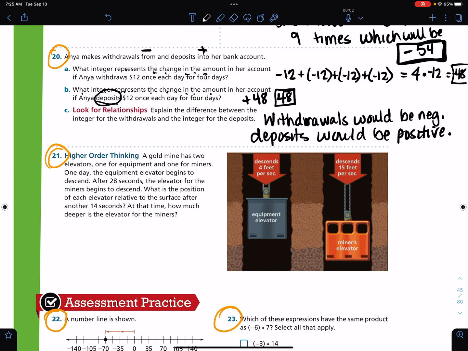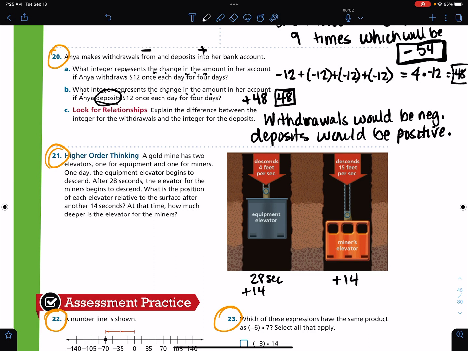Okay, so this one has 28 seconds, more than this one. So this one only gets to add 14 seconds, and this one only gets to add 14 seconds.